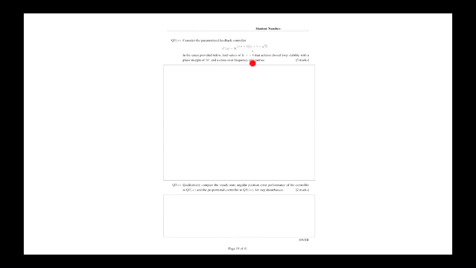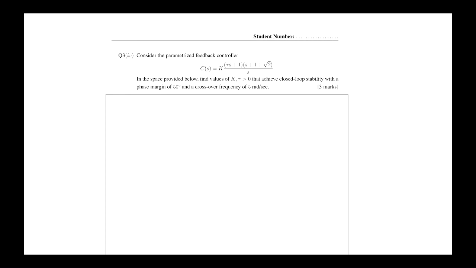What can you do if you use a more sophisticated compensator? This is just a PID compensator, right? And you're asked to choose the parameters of the compensator in order to achieve phase margin and crossover frequency specifications. Well, we just did that in problem set 5, and we did it in problem set 4.